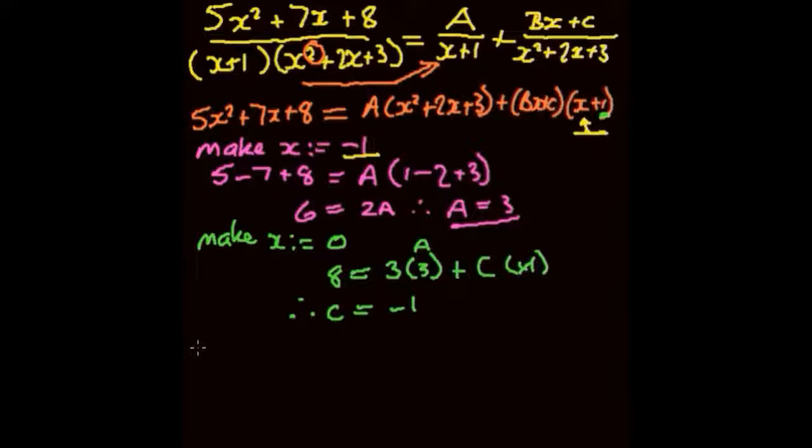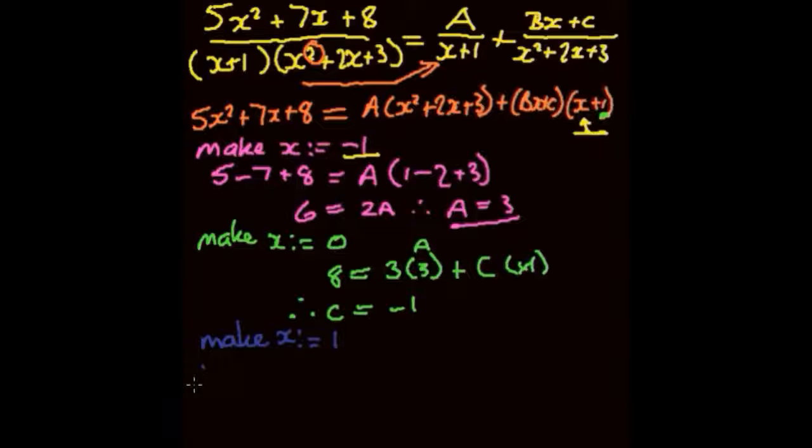So now the final thing I need to do is to find b. In order to find b, I'm going to make x equal to 1. Now in this case, because I know what a is and I know what c is, I can make x any number, but 1 just makes things an awful lot easier.